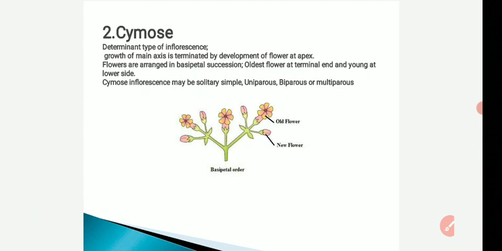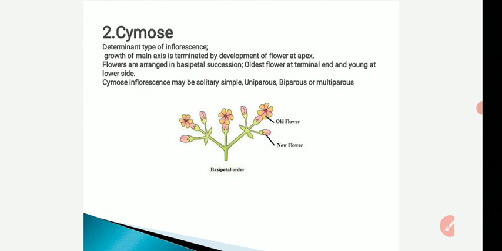Often the main axis or peduncle bears lateral branches, each ending in a flower. In cymose, the terminal flower is the oldest one, while the younger flowers are present on the lower side. The order of development of flowers is from apex to base.